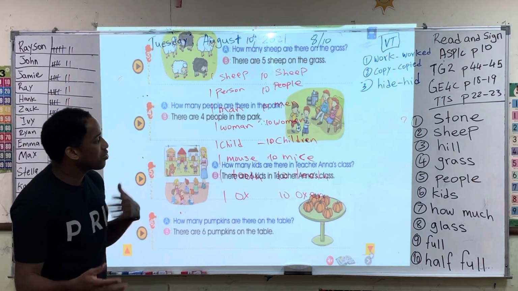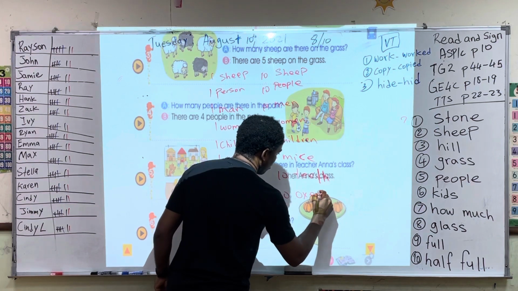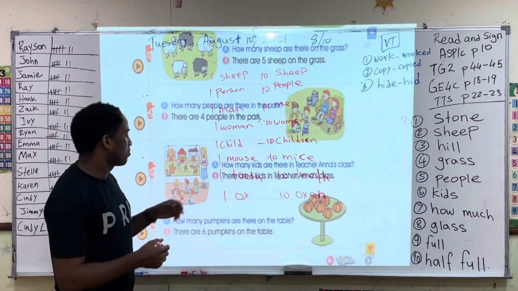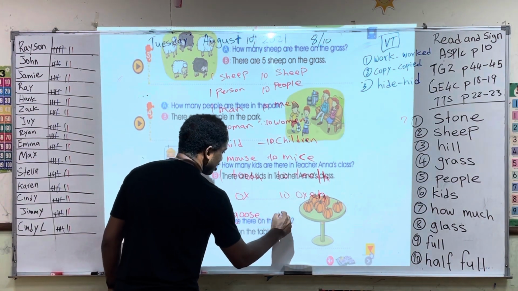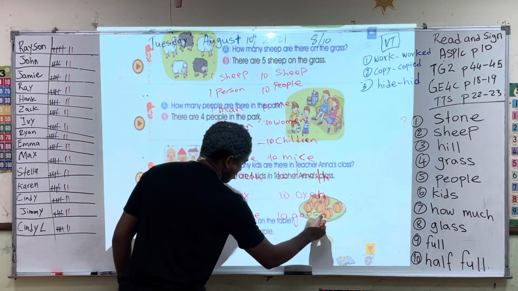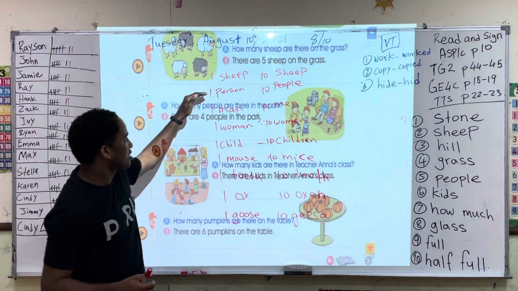Remember, these are irregular nouns. Sheep, people. You can say 1 goose, 10 geese. Remember, these are irregular, like sheep. Sheep is the same.